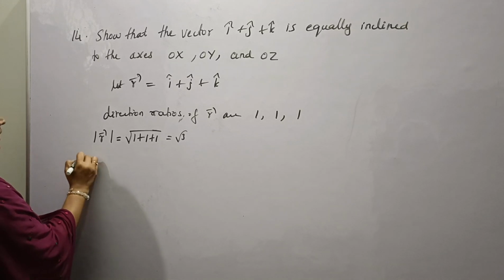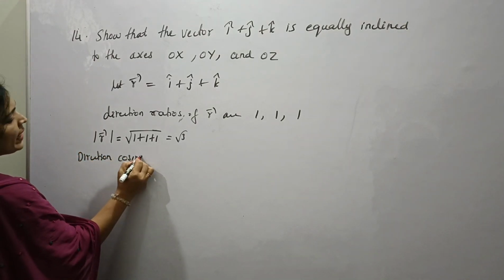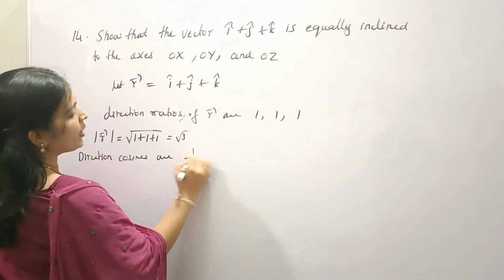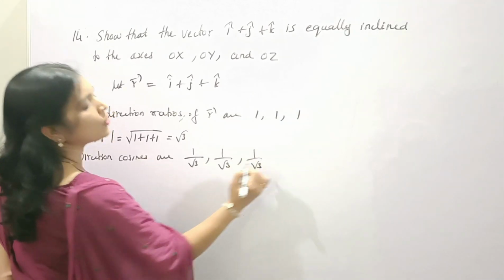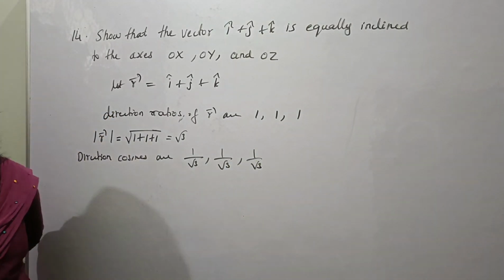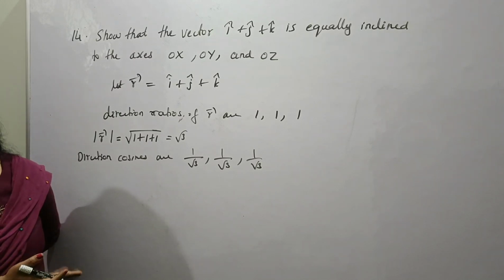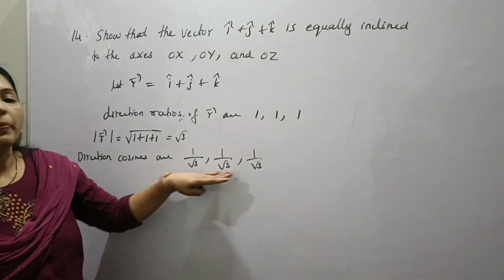Okay. Then direction cosines are 1 by root 3, 1 by root 3, 1 by root 3. We have got direction cosines are same. That means cos alpha, cos beta and cos gamma are 1 by root 3.